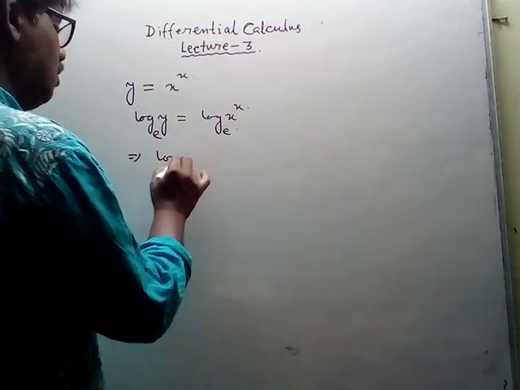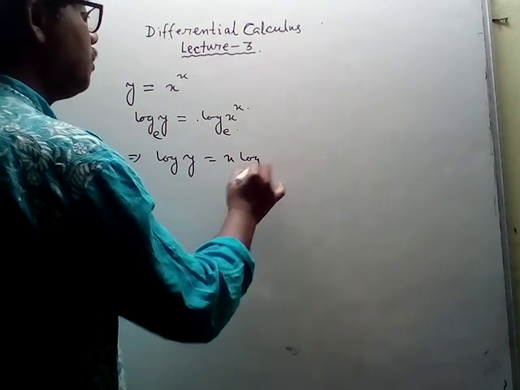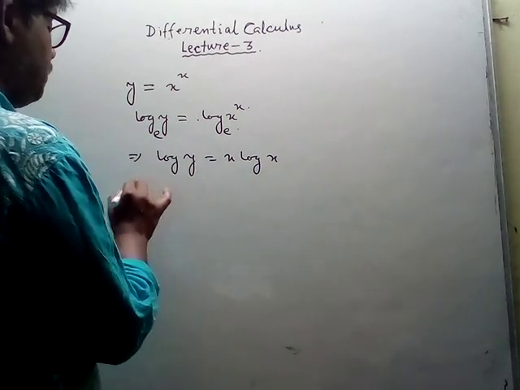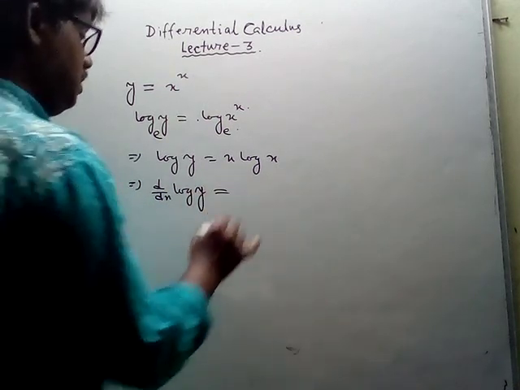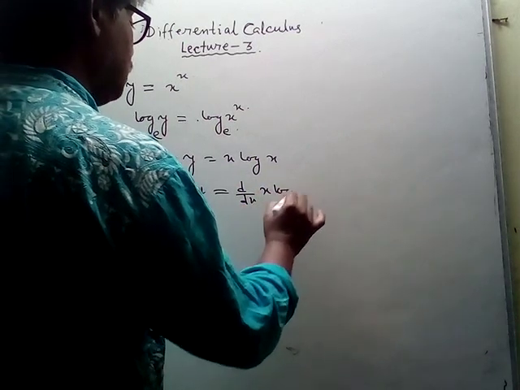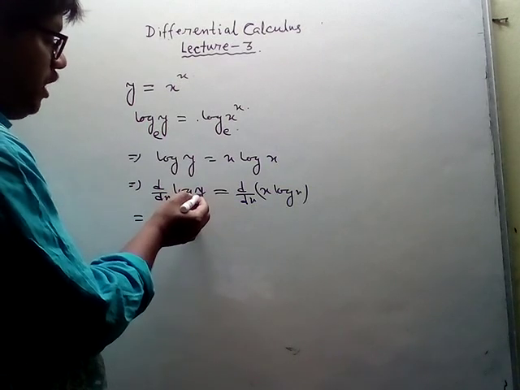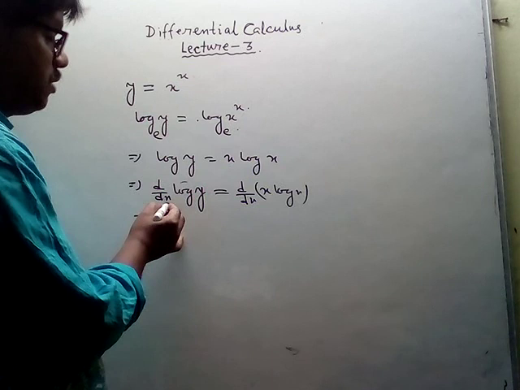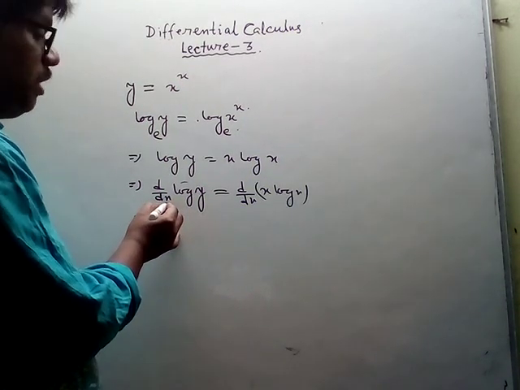Then log y equals, by the property of logarithm, x log x. Now we differentiate both sides with respect to x: d/dx of log y equals d/dx of x log x. Note that the function is of y, but the differentiation is with respect to x.